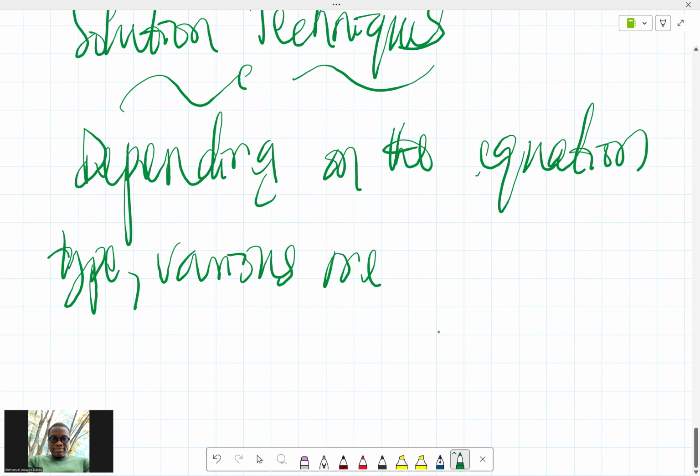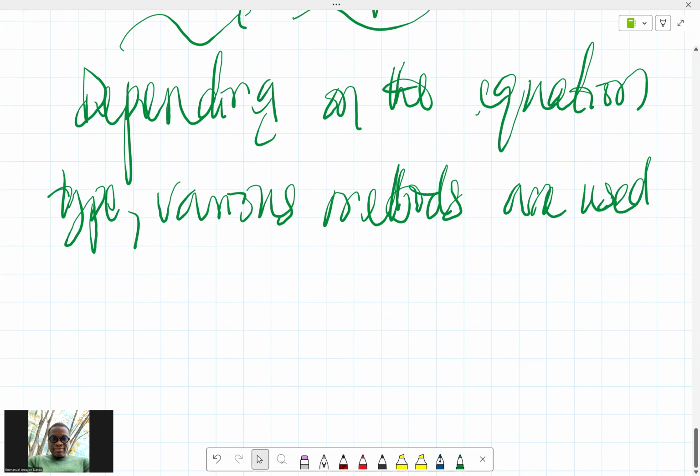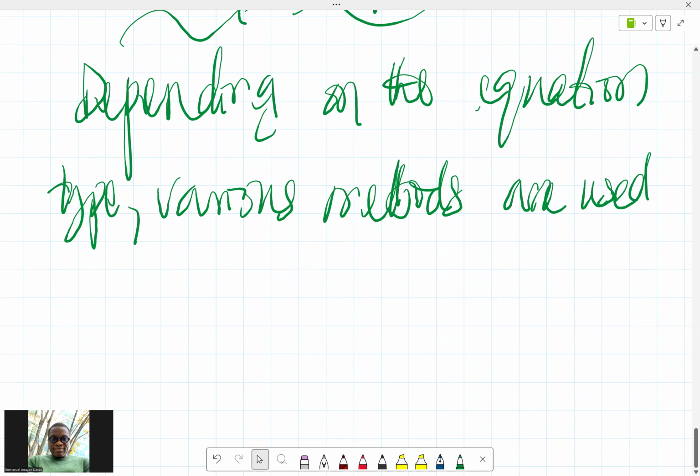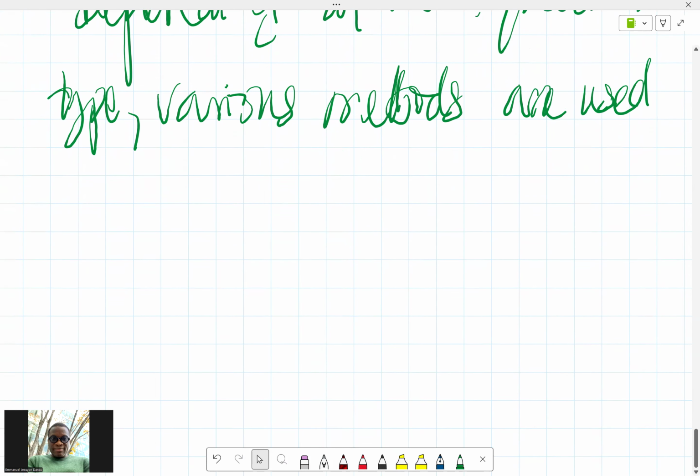I've mentioned some specific methods for non-homogeneous equations, right? But in this aspect we are talking about a generalization, a broad classification of the methods. So depending on the equation type, various methods are used.